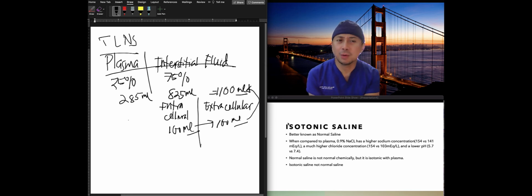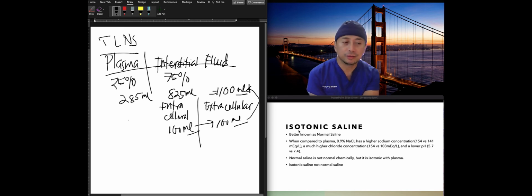So if you want to use that word, then go for it. Isotonic saline. However, what is it? Again, some nurses said, I don't understand what's the difference between saline and LR. Okay. Saline is a 0.9 sodium chloride. It has a sodium concentration of 154.